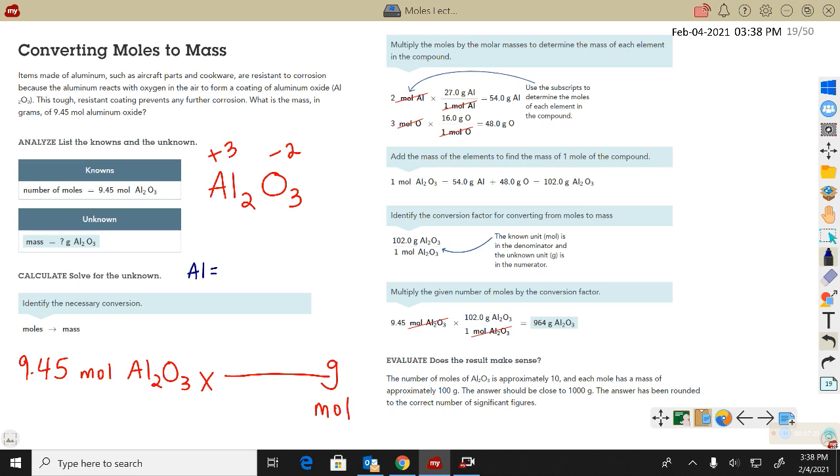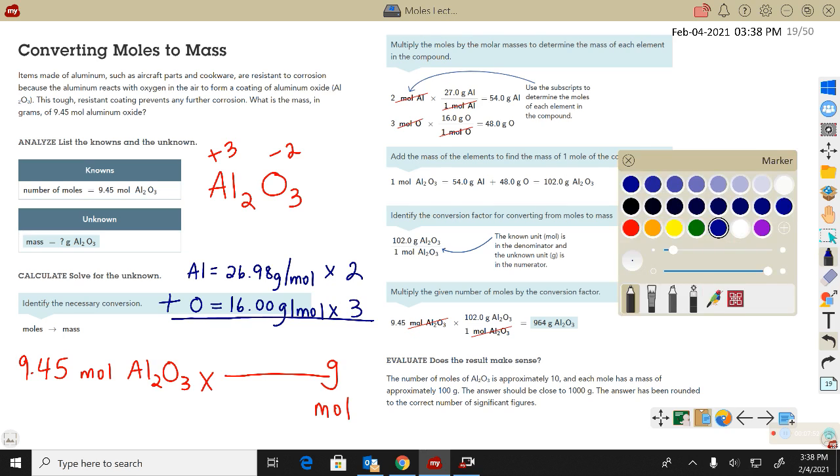Aluminum is about 26.98 grams per 1 mole. I'm going to have 2 in my compound. Oxygen is about 16 grams per mole. There are 3. I'm going to add all of those up, and that will be my molar mass of the compound.